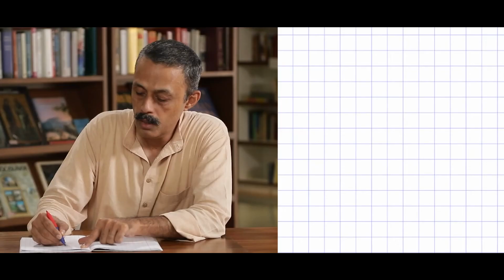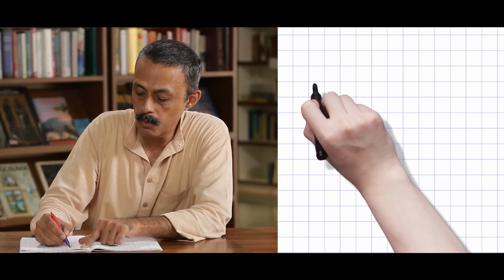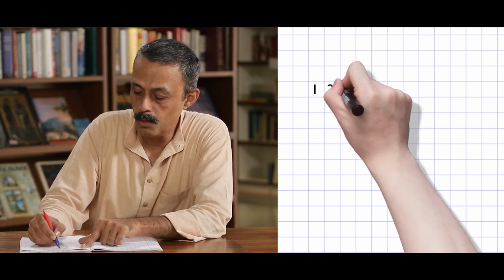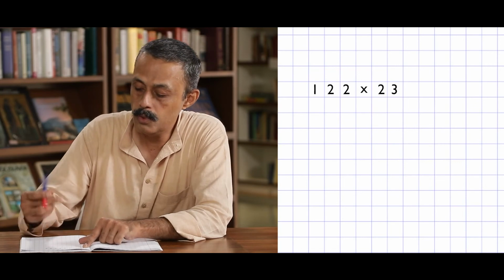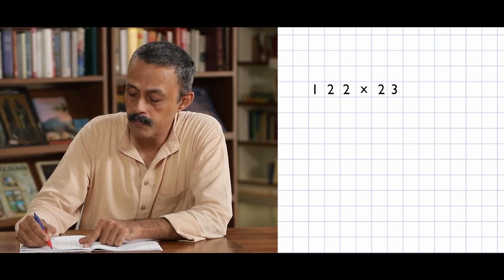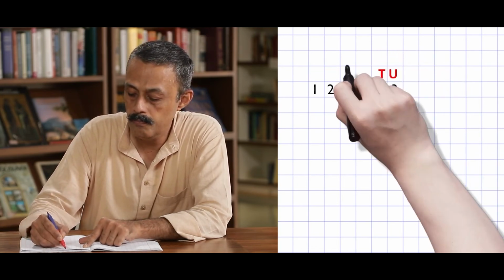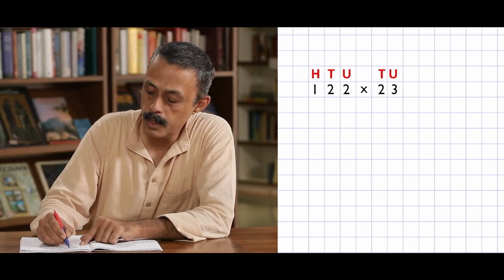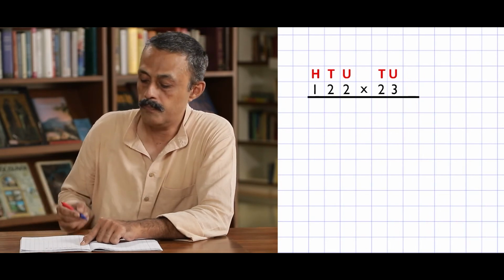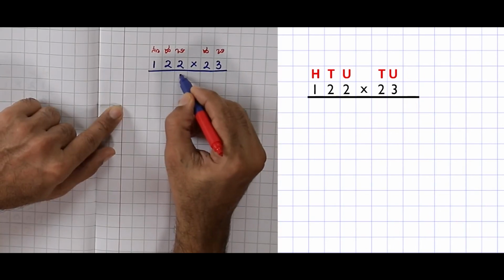Let us say 22 multiplied by 23. Let us make it 122 just to see what happens if we have a hundreds position. Let us write the place values: units, tens, and 100. First, we multiply the units to units. 3 twos are 6.